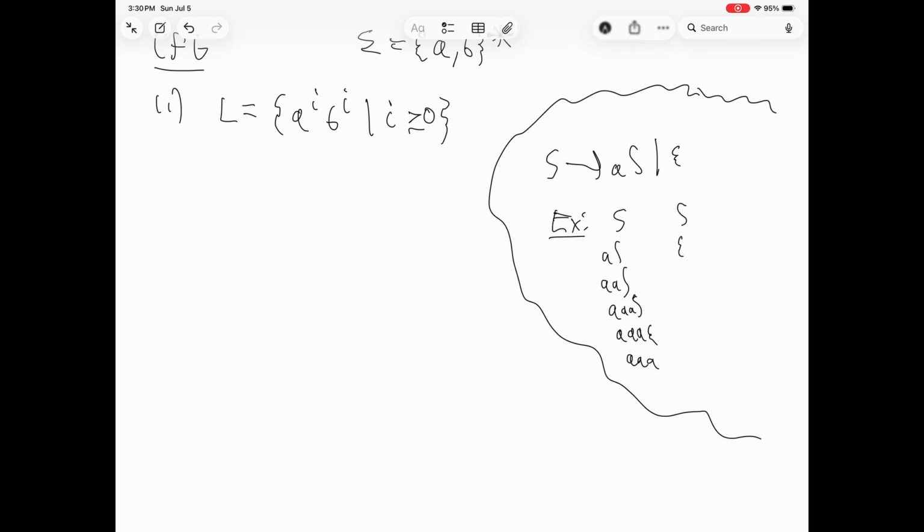It could go from S immediately to epsilon. It could go S, AS, and then A epsilon, and result in A. So that's how I'll be writing context-free grammars going forward in this video.